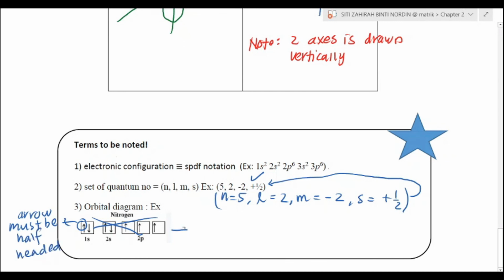So you need to draw a correct orbital diagram. For 1s, it can be fully filled with 2 electrons. For 2s, 2 electrons, and 2p, 3 electrons. You can draw it in the form of a dash, this dash. You don't have to draw it in this box form.